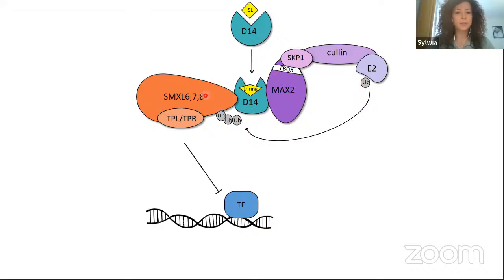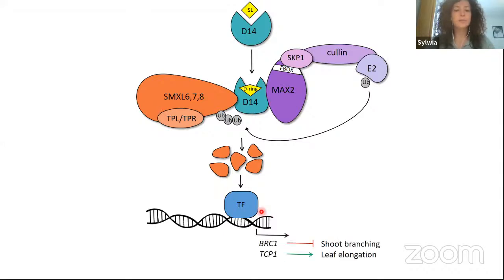The repressor proteins SMXL6, 7, and 8 are then ubiquitinated and targeted for degradation by the 26S proteasome. In that way, they release the repression of the transcription factor, which further leads to expression of strigolactone responsive genes.